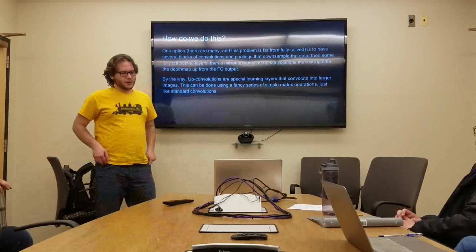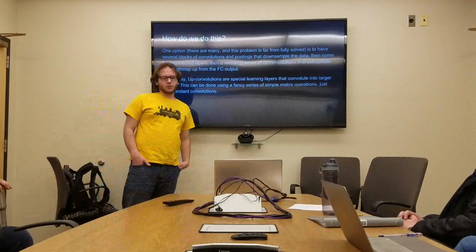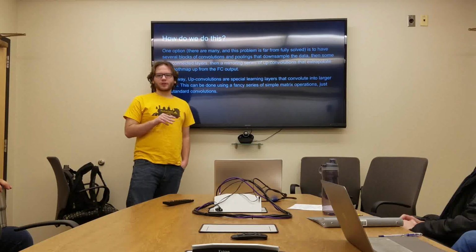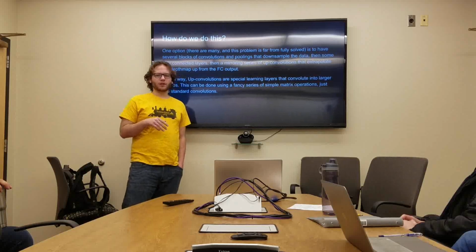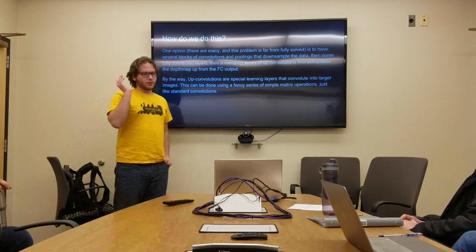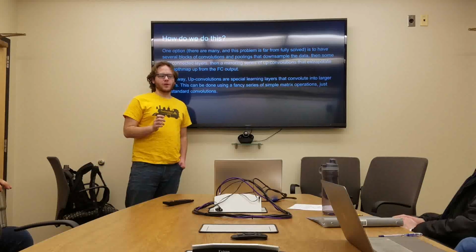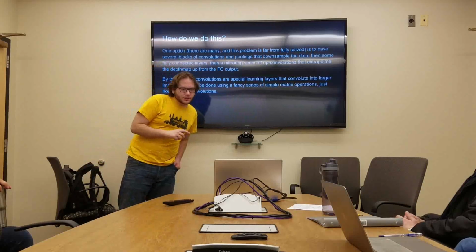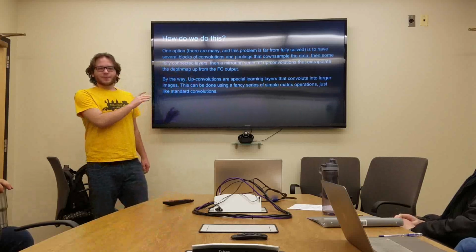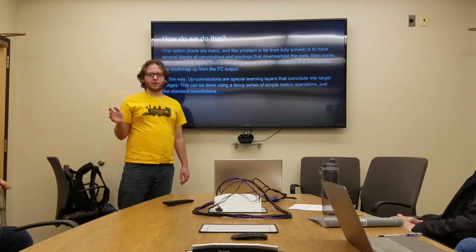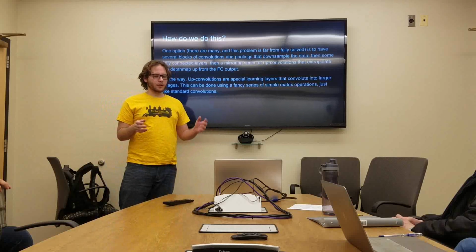So again, this one's not fully solved, but what they're doing here is a fully convolutional network. This isn't going to have fully connected layers at the end. Although I think there might be some in the middle. Yes, they are. So we have a lot of convolutional layers, just like we have for any other ConvNet.